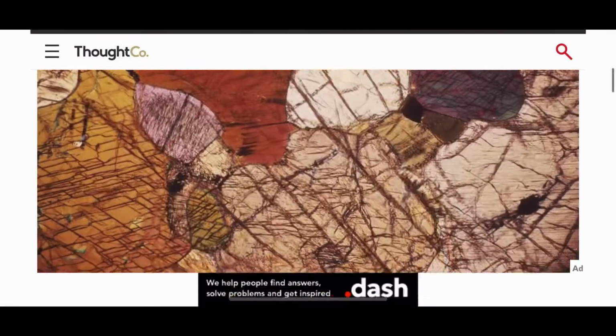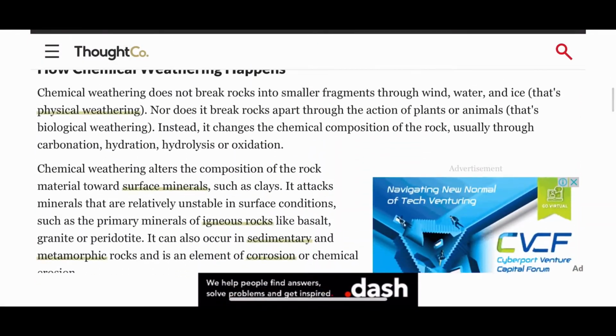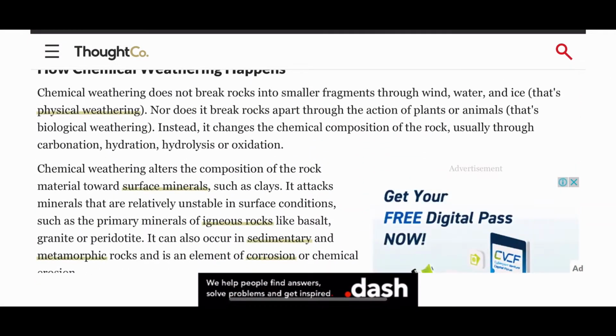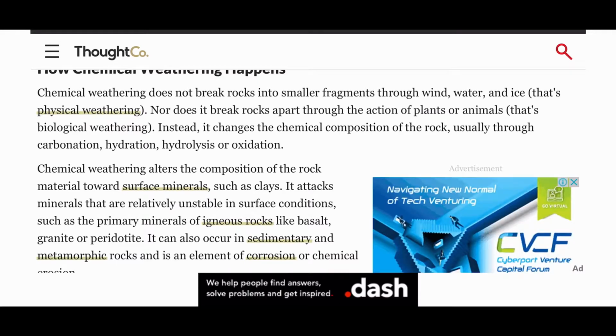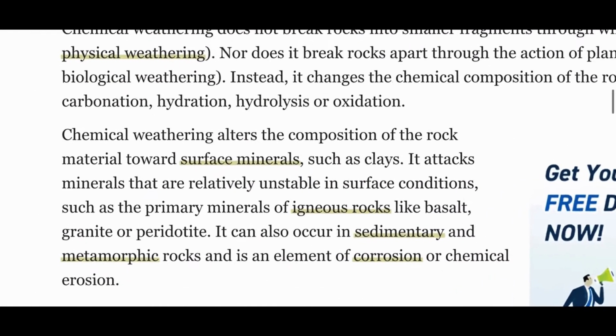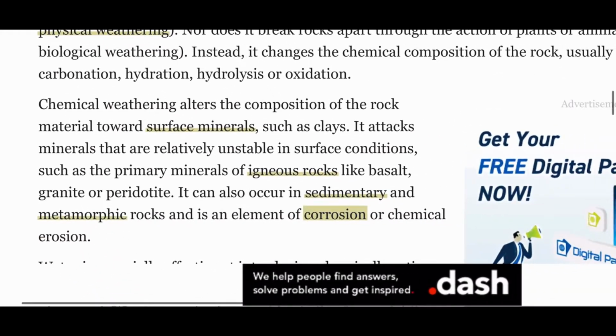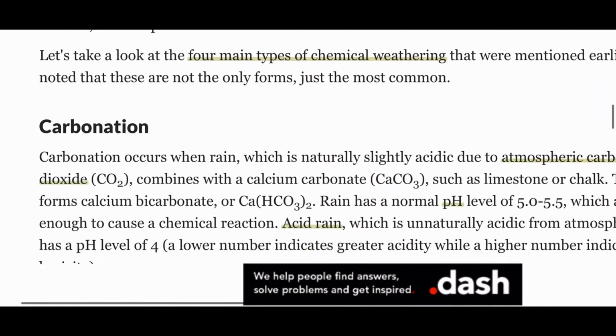Chemical weathering, and then I would like to show you. The chemical weathering is mainly about igneous rock such as granite.